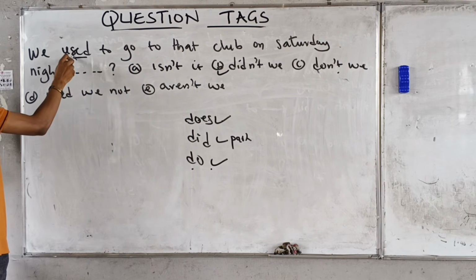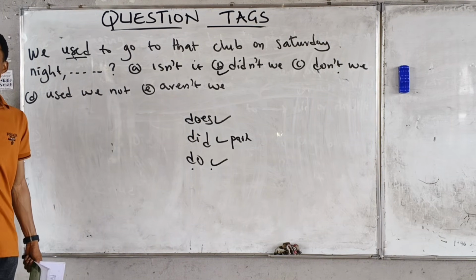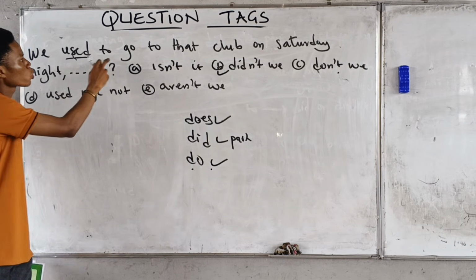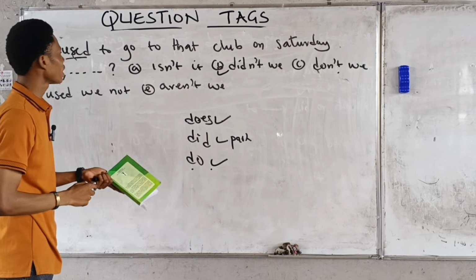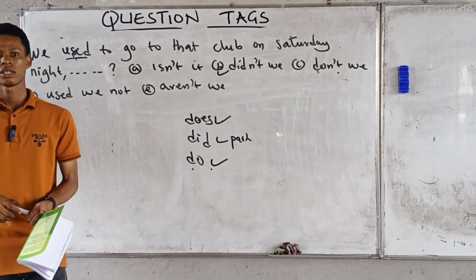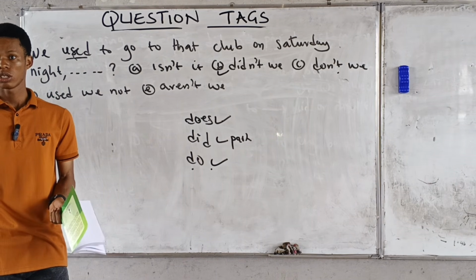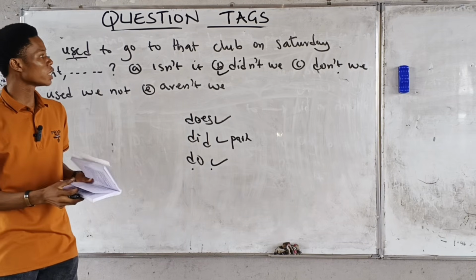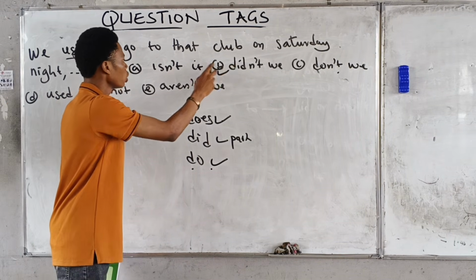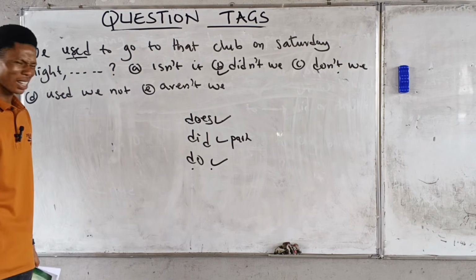So we used is not present. We used to, it's something we've been doing, used to do before. So we used to go to that club on Saturday night. Didn't we used to go to that club on Saturday night? Do you get? Do you understand? So we are using didn't here because it's past tense. So that's why the did is coming in. You can't say isn't it.